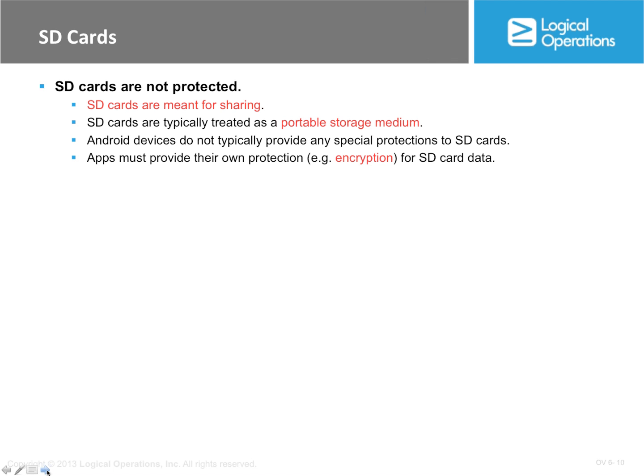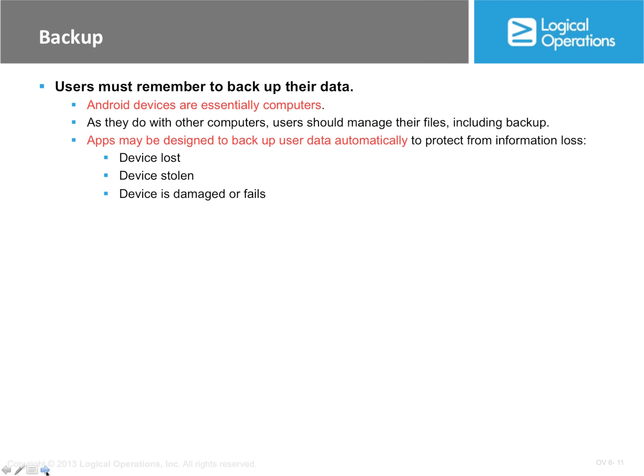However, the sensitive data being written to the SD card does not remain in the clear. You're going to have to invoke an encryption mechanism onto that SD card for the user. It's not inherent or default within the operating system itself.